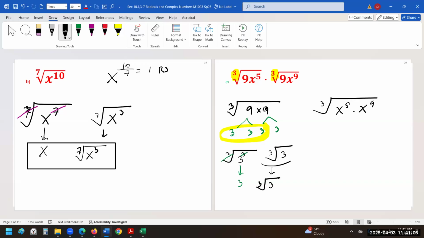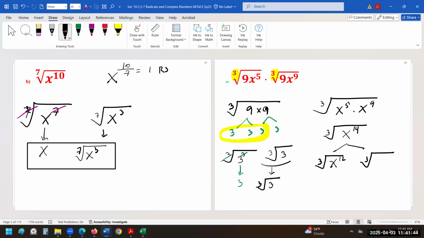Now comes the exponents. In multiplication, what do you do with the powers? Add them. So for the variable, we get x to the 5 plus 9, which is 14. Can you divide 14 by 3 evenly? That means you have to split them into 2 pieces. How many of them do we put together? 12, because you can divide 12 by 3.